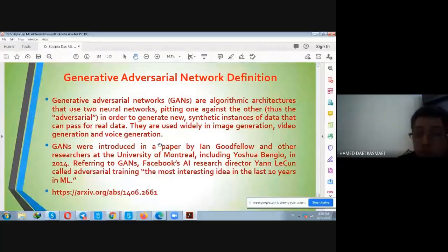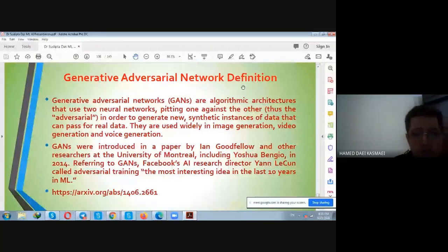So let's see one of the applications. What are the applications of this about voice, video, and image? But with the previous networks, we just had image and voice, but we didn't have video generation and video processing. So it was a very important use of GANs, or generative adversarial networks.